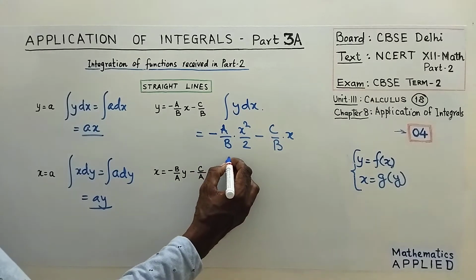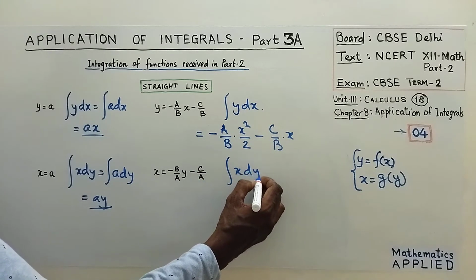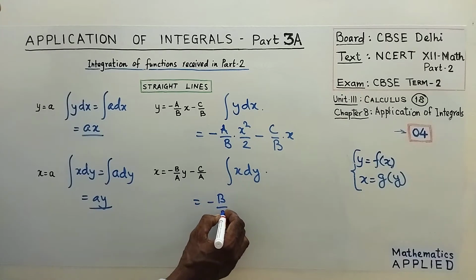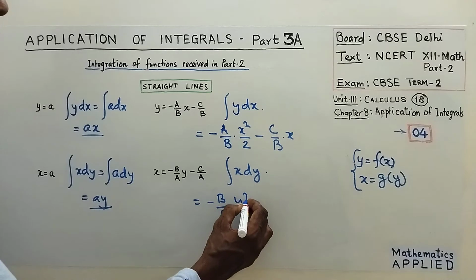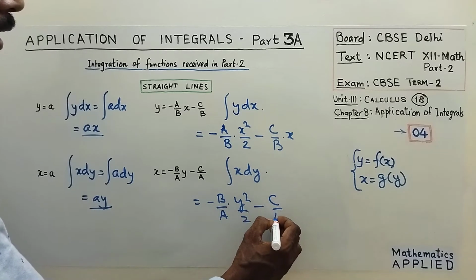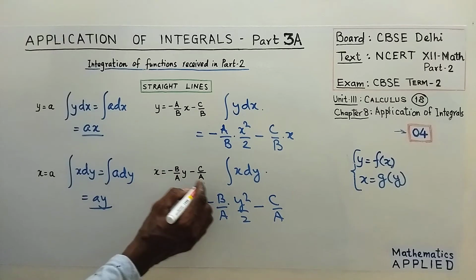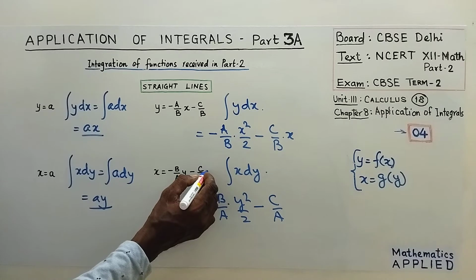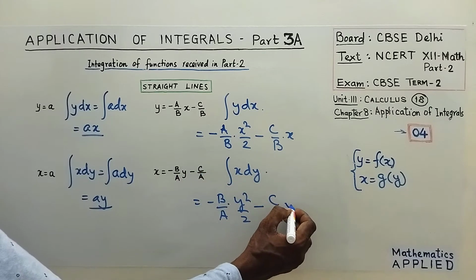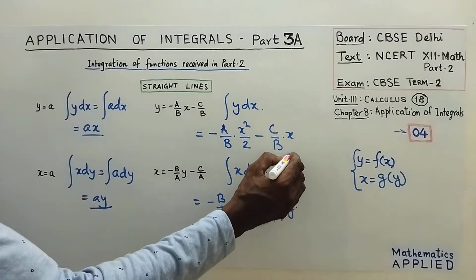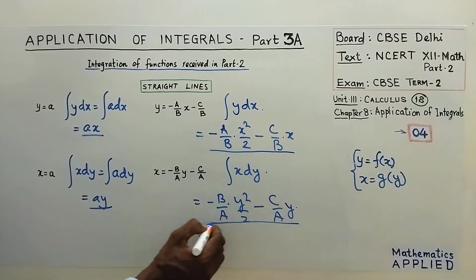Similarly, for this one, integral x dy will give you minus b by a, y square by 2, minus c by a. I am only repeating the constants and the y part, and here there is no y, so there will be one y coming because there is dy. So this is the output here.